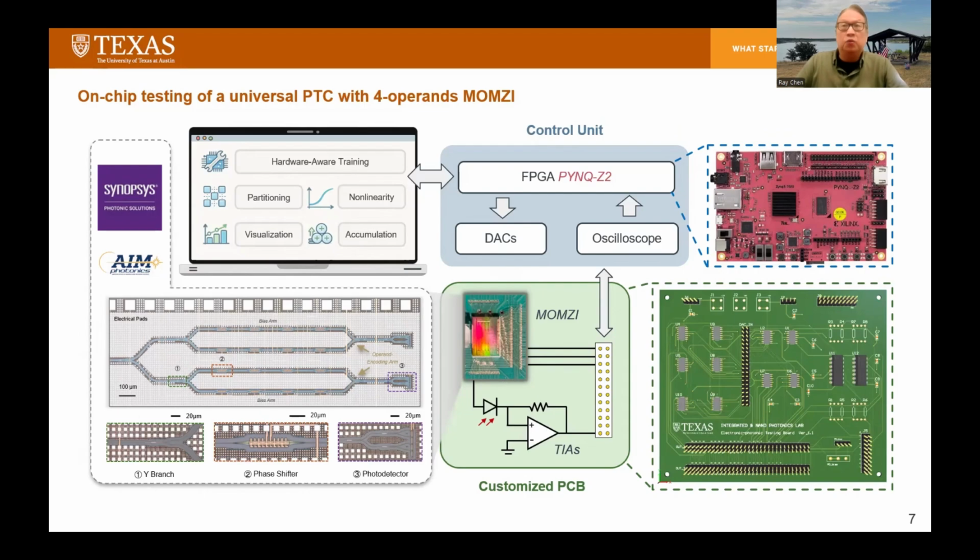In the experiment, we use an FPGA to control the DAC, digital-to-analog converters, and then encode both the weights and the input, and build the dedicated PC board for signal driving and readout, as shown in the picture here.